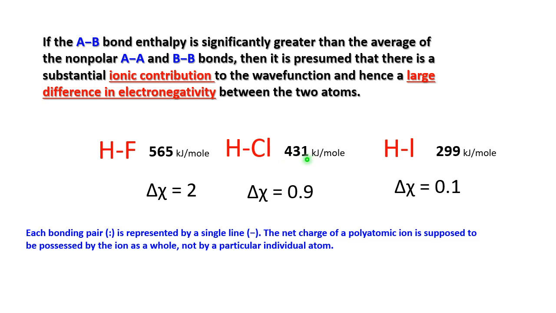HCl is a smaller difference electronegativity, and this effect is less pronounced. Hydrogen and iodine have practically the same electronegativity, and we have purely covalent bond here. Just a reminder, each bond pair, two dots, is represented by one single line here. That's most common abbreviation.